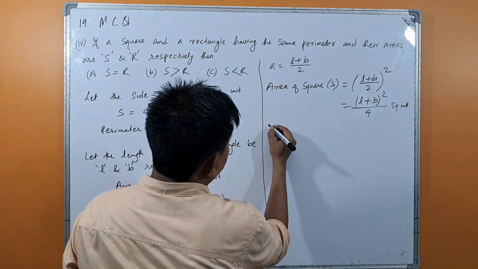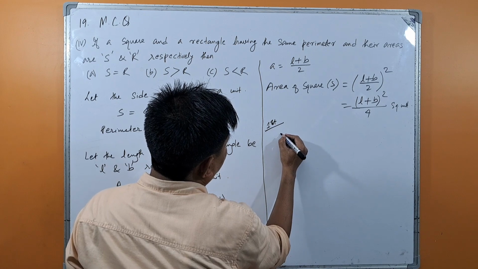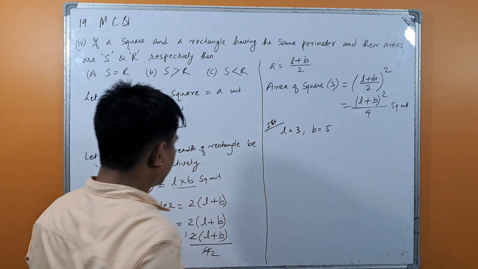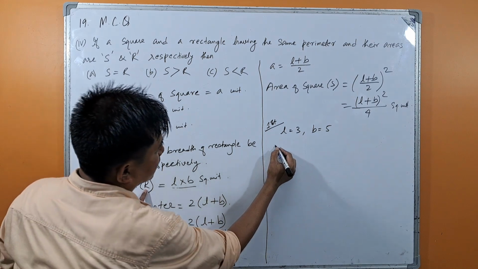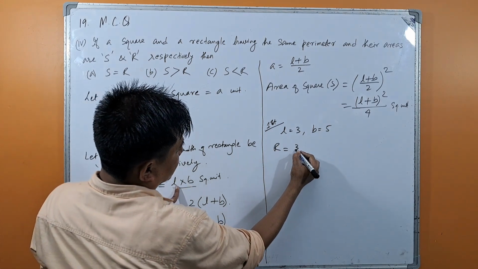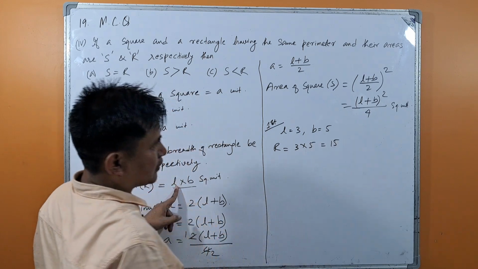In the first condition, L is suppose 3 and B is suppose 5. So R will be L into B, 3 into 5, that will give us 15, isn't it?